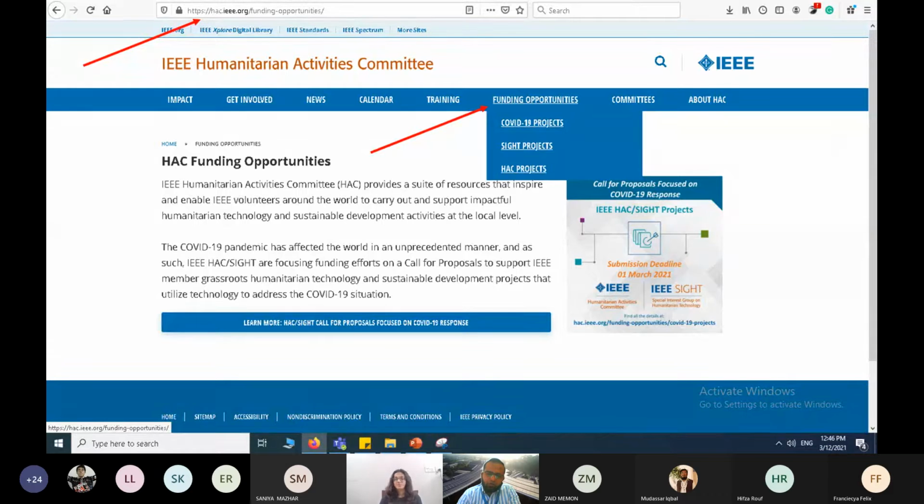In 2022, as we all know about COVID and the pandemic situation, they introduced a new tab, that is COVID-19 projects. And if you can see the poster also, that is a call for proposals focused on COVID-19 response. It means they are encouraging every individual around the globe who can propose something to help people survive in this pandemic situation.